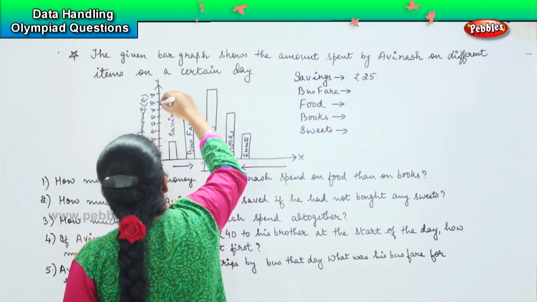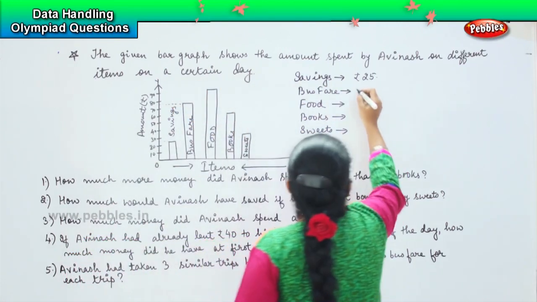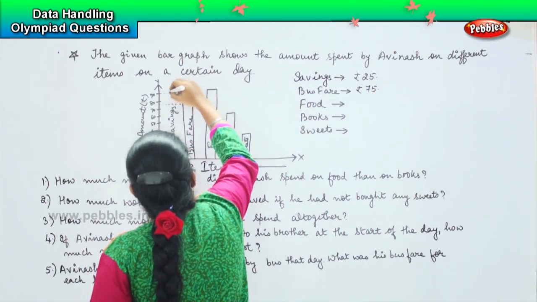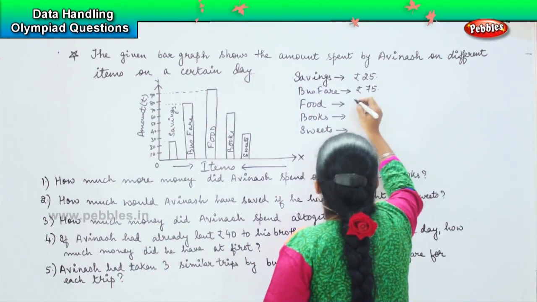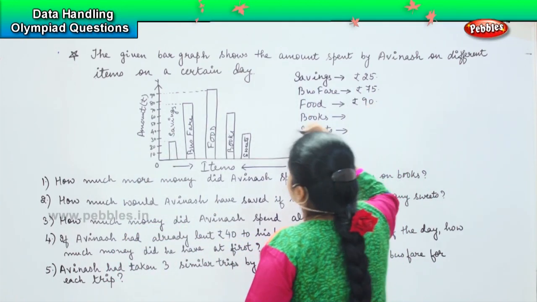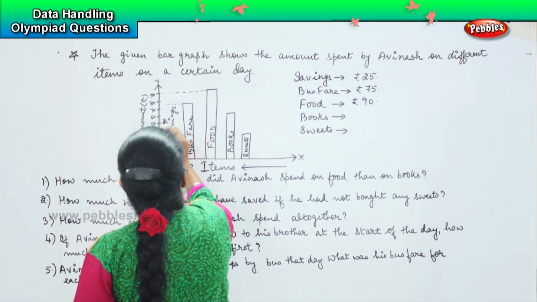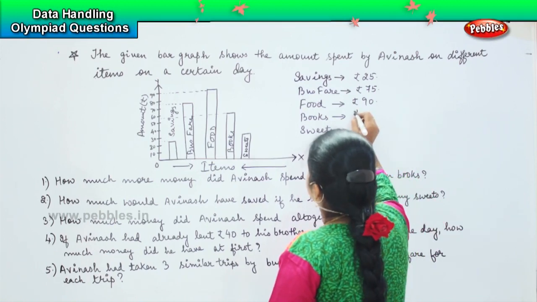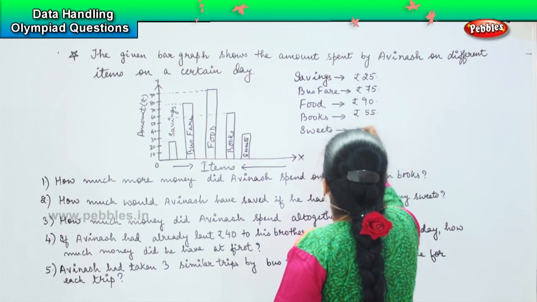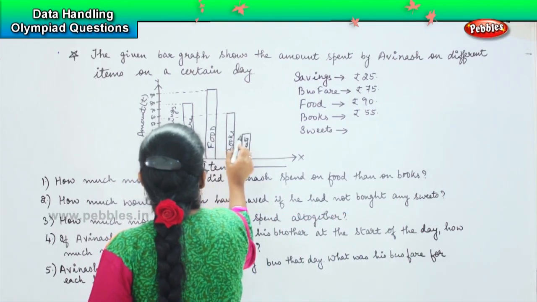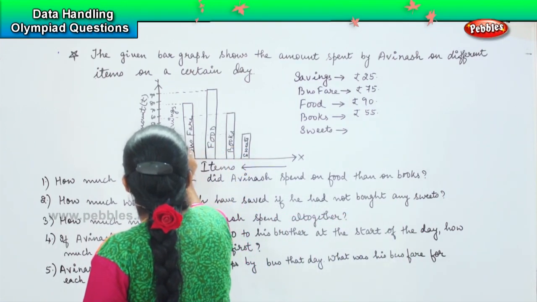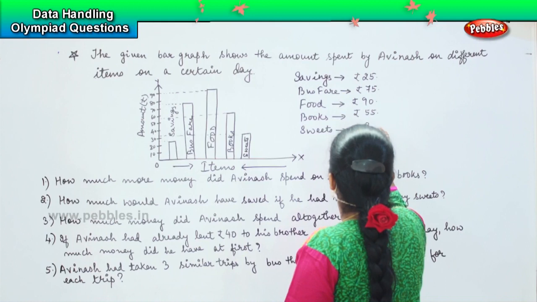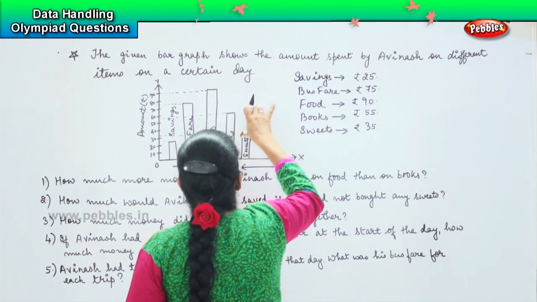Then his bus fare was 75 rupees. The food was 90 rupees. The books was 55 rupees. And the sweets worked out to 35 rupees. Okay.